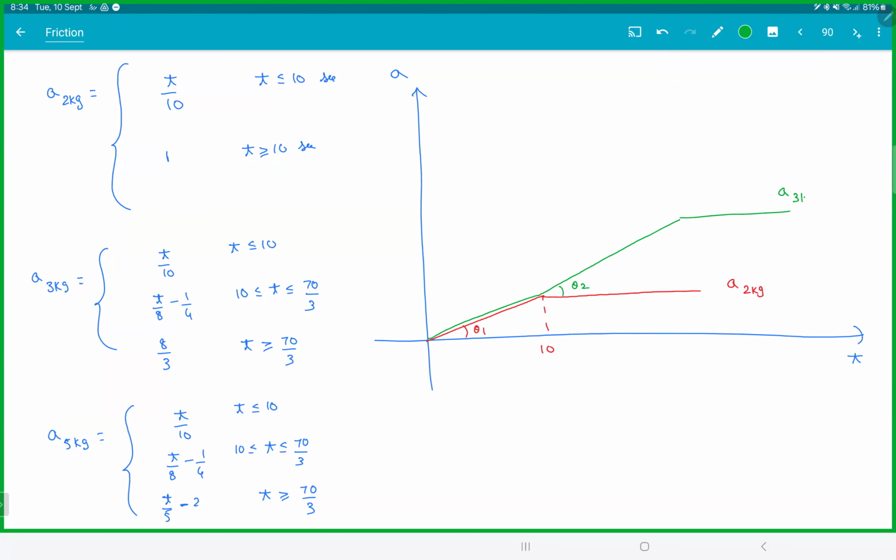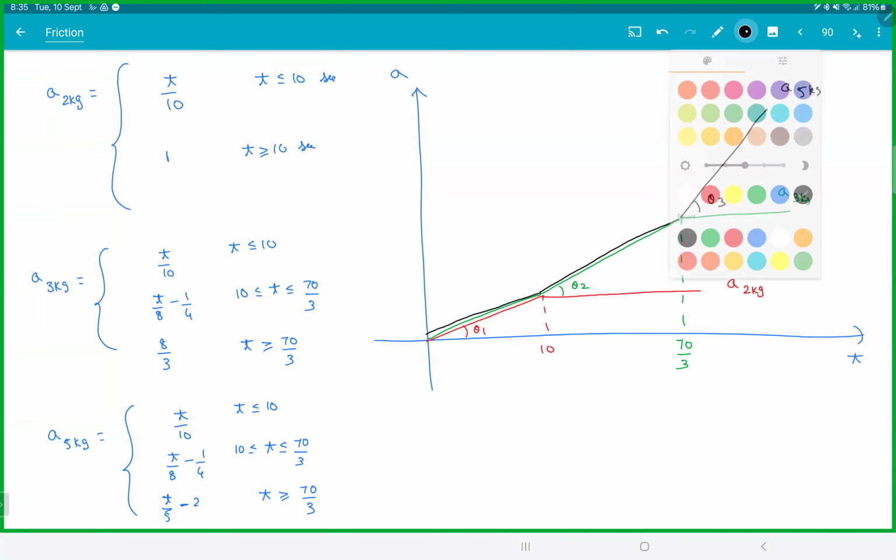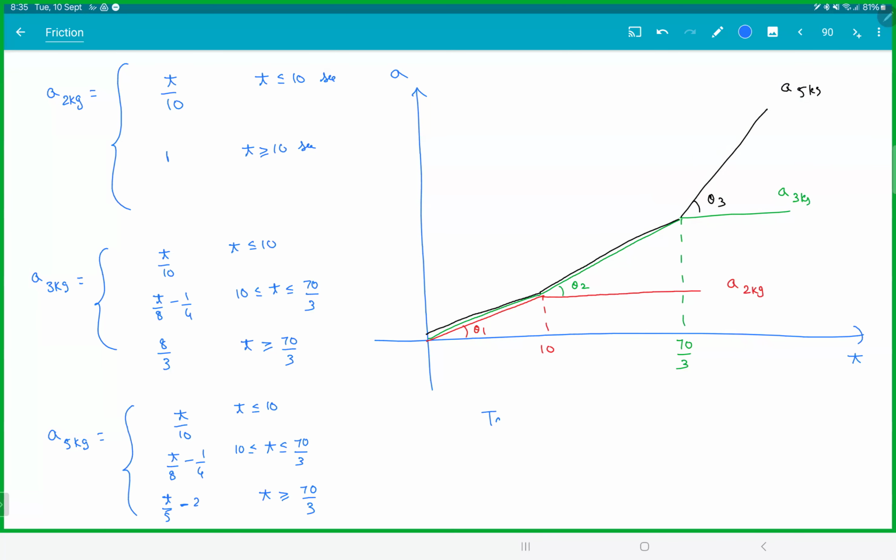This is your 3 kg. 3 kg becomes constant at 70 by 3. This is your 5 kg. You can clearly see the slope. Tan theta 1 is 1 by 10. Tan theta 2 is 1 by 8. Tan theta 3 is 1 by 5. The slope bumps up every time. Check.